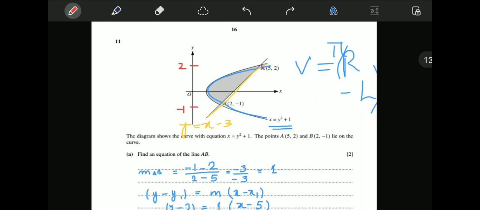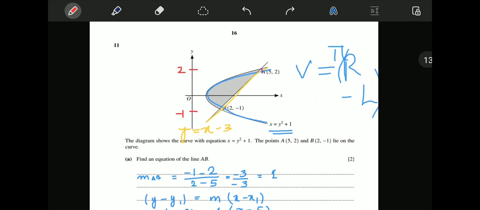The second important thing is that whenever we have to find the volume like this, we always do it like, wait, volume is equal to pi times right curve minus left one.